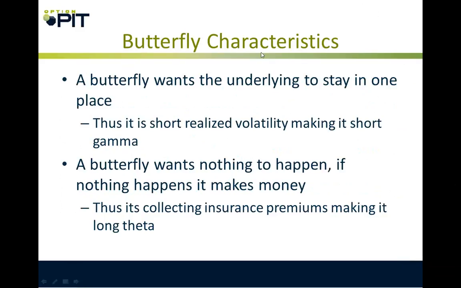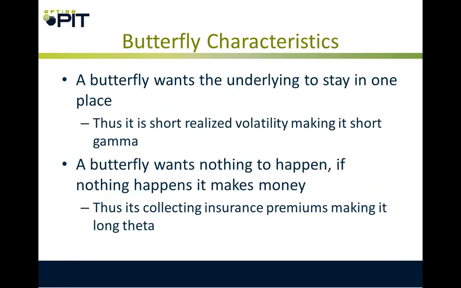So, the butterfly characteristics. What is in a butterfly? Some of this is just natural thought process. A butterfly wants the underlying to stay in one place. If you want something not to happen, if you want movement not to happen, if you want anything to not happen, you are short, generally, when it comes to options.